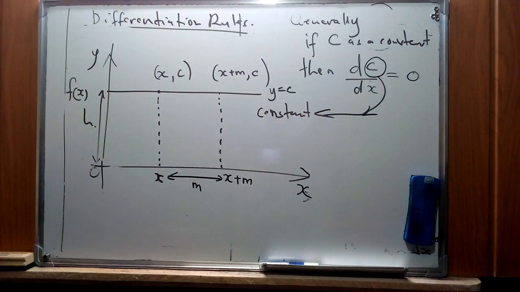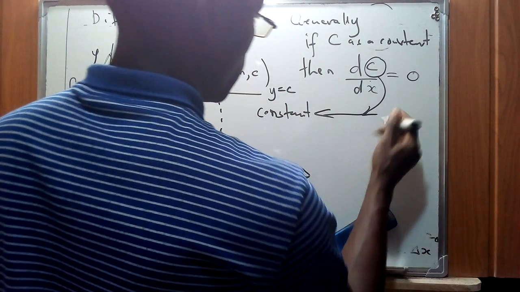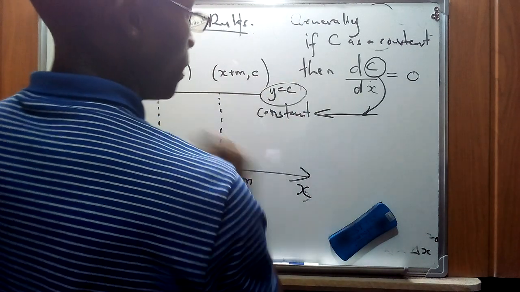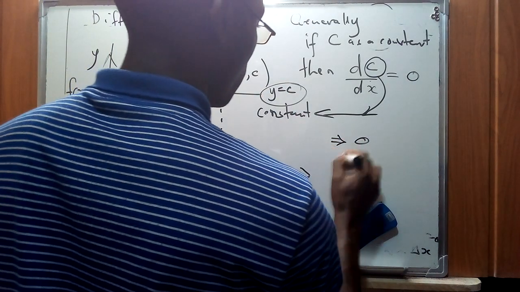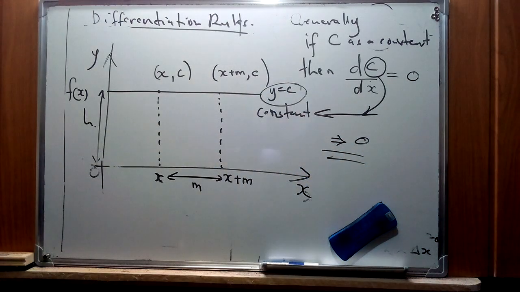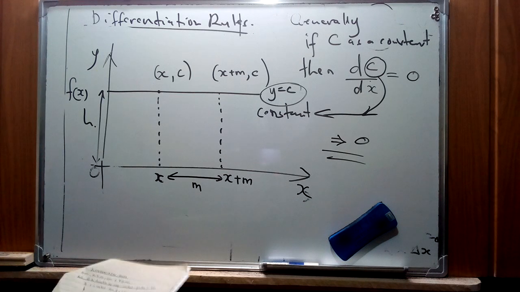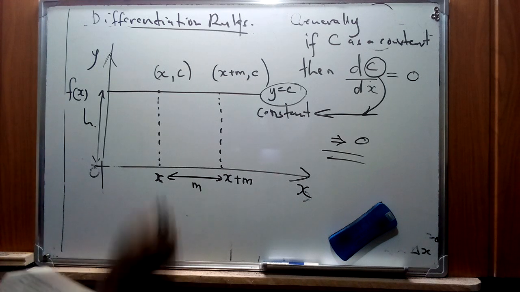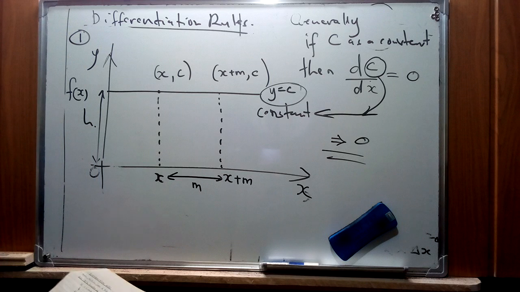So generally we can say that the derivative of every constant function c will be equal to 0. And we're going to see that using specific examples. So that's the first rule of differentiation that we have been discussing by merging it with the concept of a derivative that I've talked about.